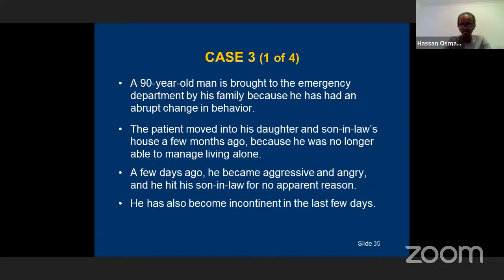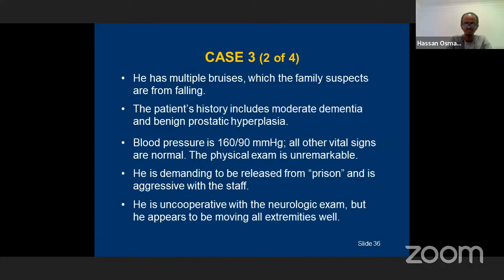A few days ago, he became aggressive and angry, and he hit his son-in-law for no apparent reason. He has also become incontinent in the last few days. He has multiple bruises, which his family suspects are from falling. Patient's history includes moderate dementia and benign prostatic hyperplasia.